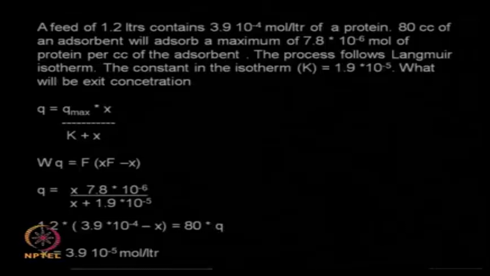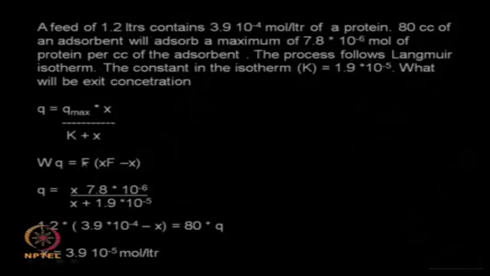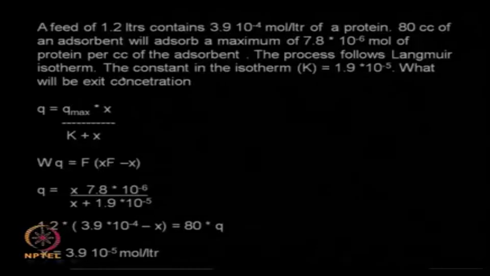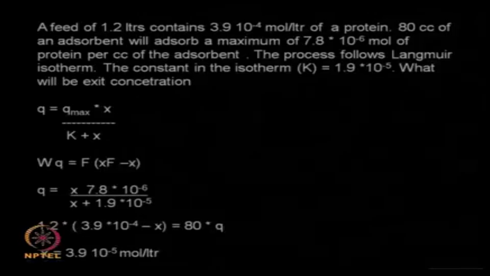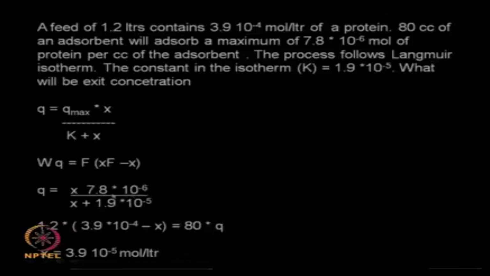This should be equal to F, where F is the quantity of broth or slurry or solution you add, that is 1.2 liters here, multiplied by Xf minus X, where Xf is the concentration of the adsorbate in the feed and X is the concentration of the adsorbate after the adsorption process. So you are balancing these two, where Q is given by X into 7.8 into 10 power minus 6 divided by X plus 1.9 into 10 power minus 5.